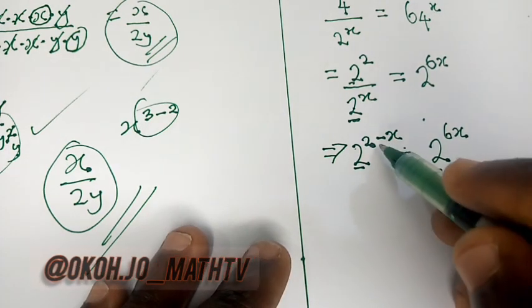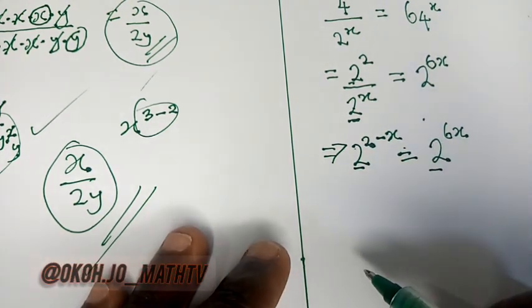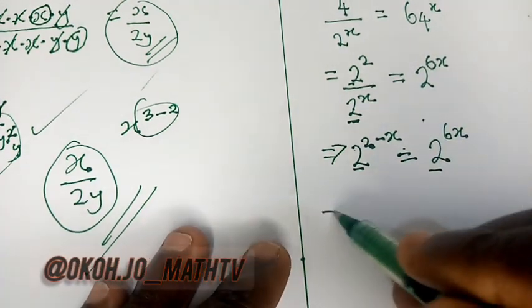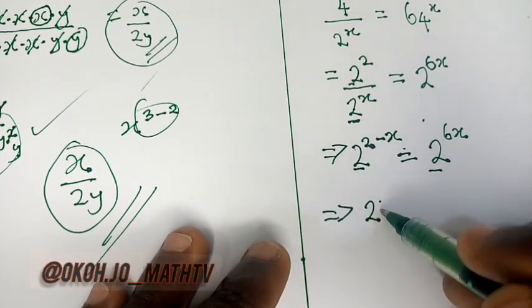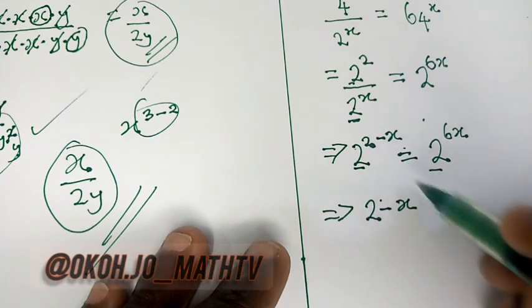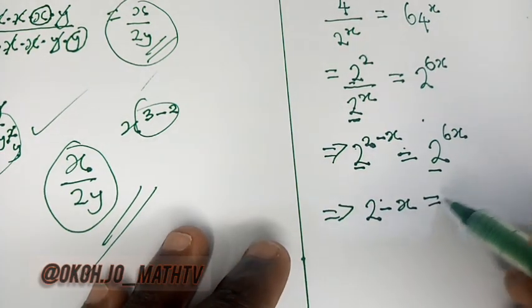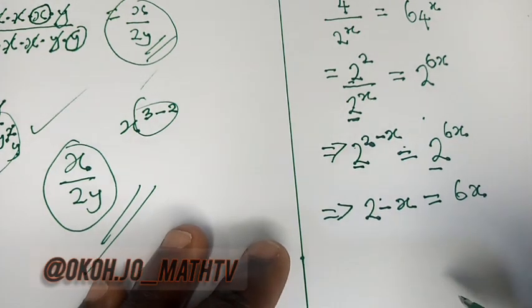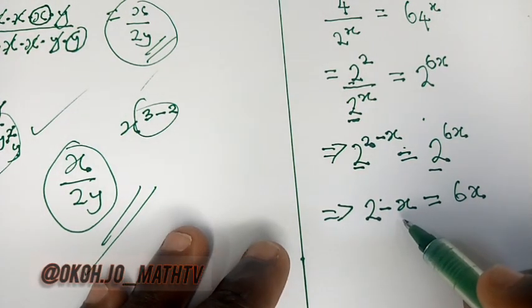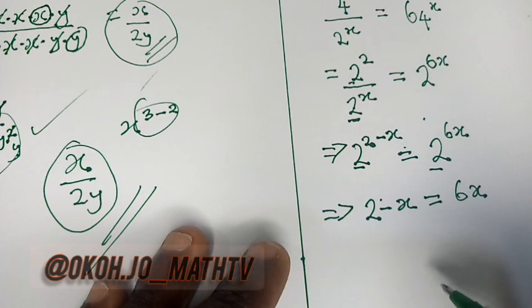So at this point, since we have common base of 2 and 2, we can choose to work with the power, or the exponent, which implies that 2 minus x, we're dealing with the exponent now, equal to 6x. So we need to group things that are alike, which is this negative x and 6x.